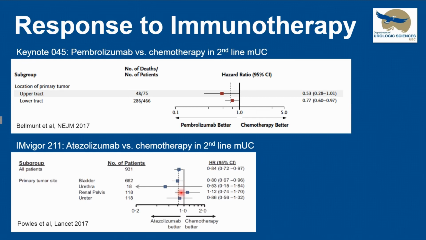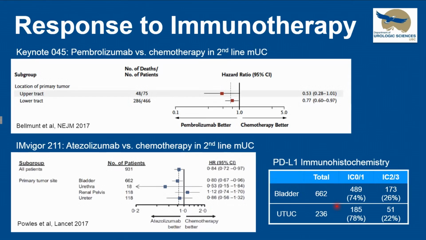There's benefit with bladder that is lost for upper tract, but very wide confidence intervals that don't allow us to really draw any specific conclusions. And if you look at PD-L1 immunohistochemistry in the Atezo trial, you can see very similar rates of PD-L1 positivity between the sites.